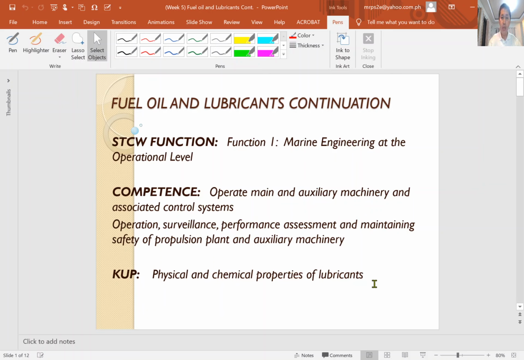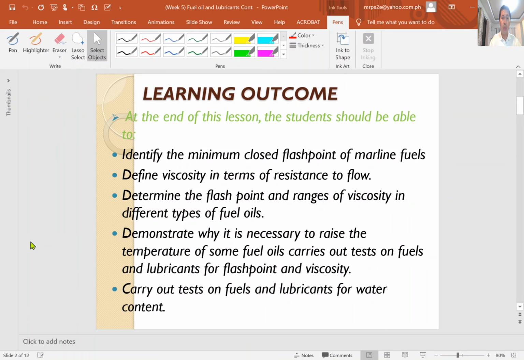In today's video, we will learn the minimum flash point of marine fuels. We will learn also the viscosity in terms of resistance to flow. We will learn the flash point and ranges of viscosity in different types of fuels.